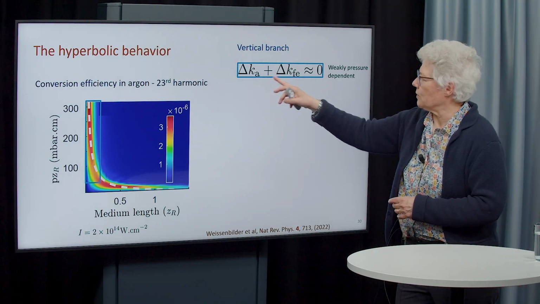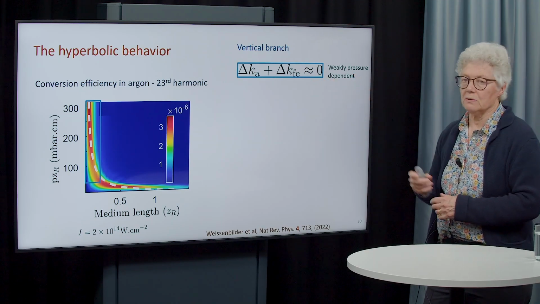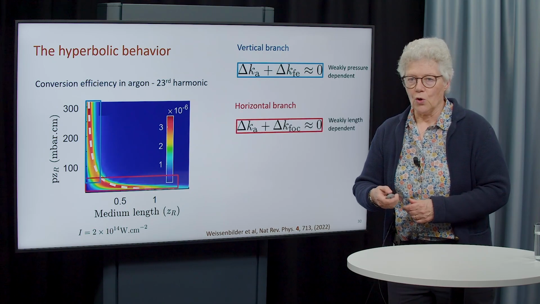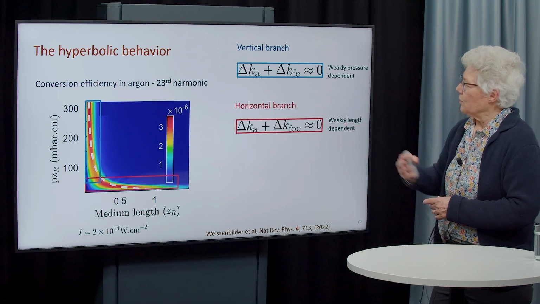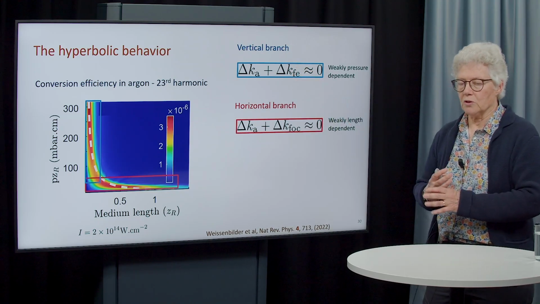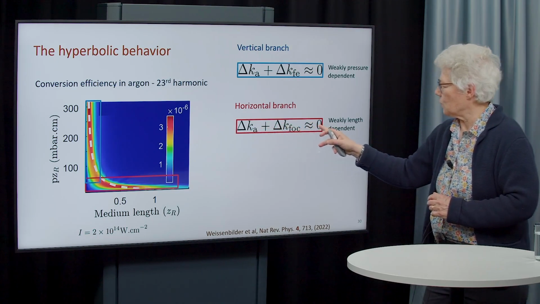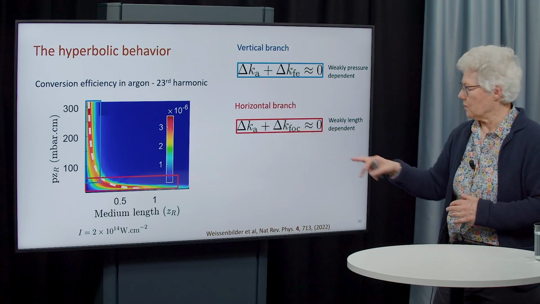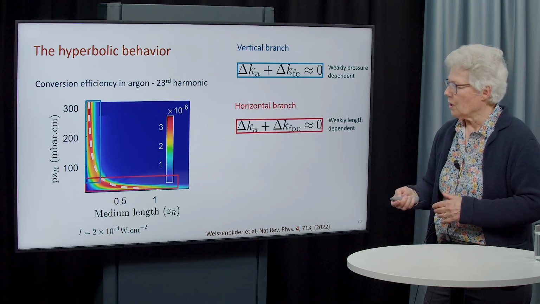So you need to make this equation close to zero, and it's very weakly pressure dependent. However, the horizontal branch is the case where the free electron contribution is not so important, at lower laser intensity, and where this equation is satisfied to obtain phase matching, with weak length dependence.